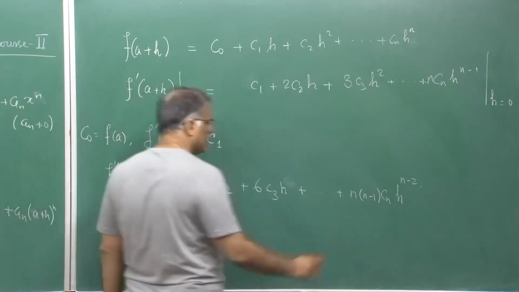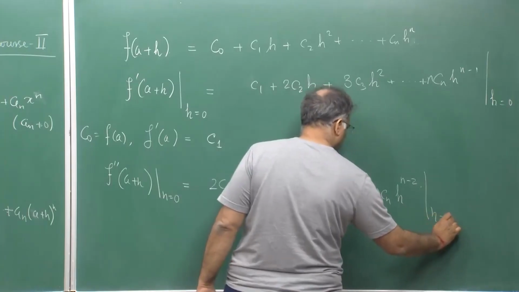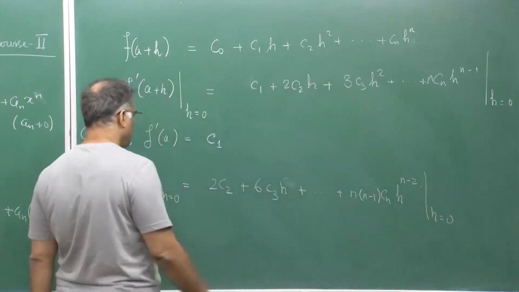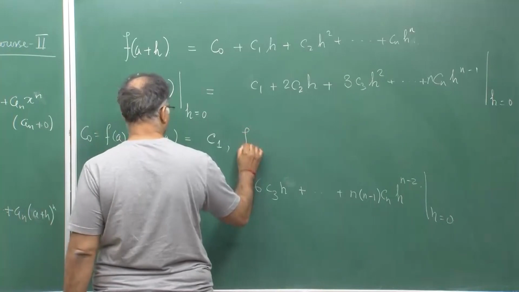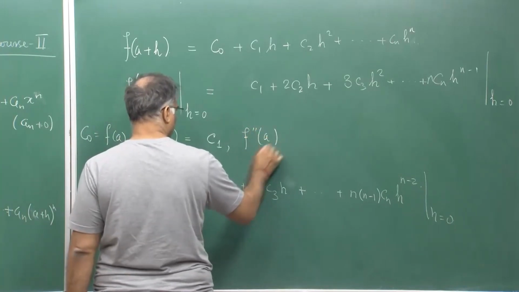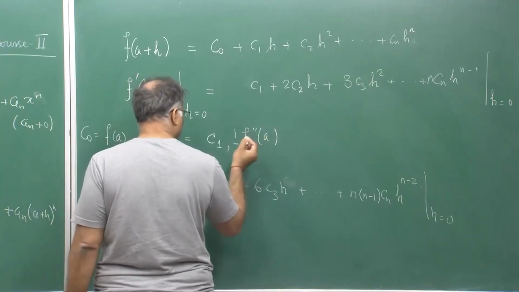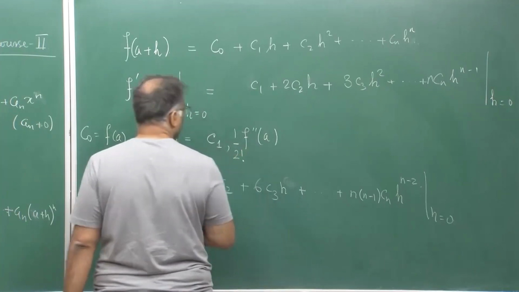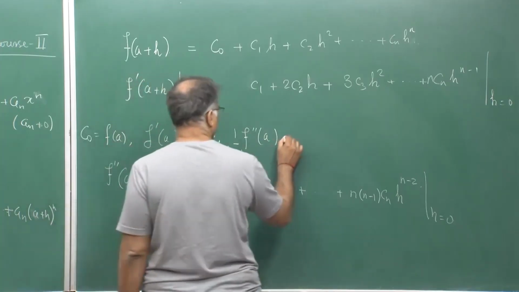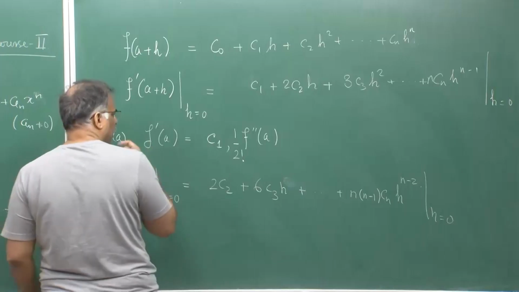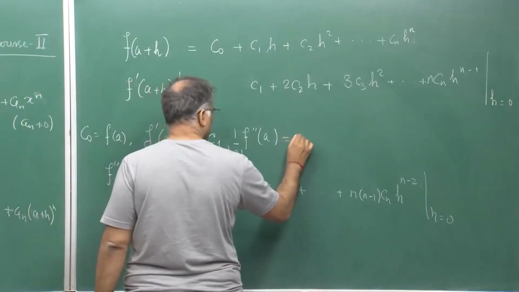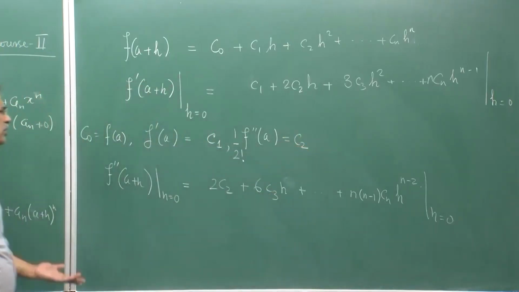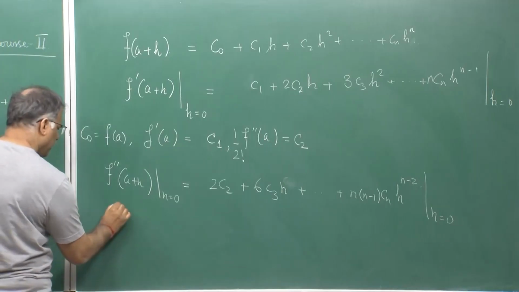Now, you calculate this at h equal to 0. Once you do that, you will immediately see that f double dash a by 2, which for some reason we will now write as factorial 2, is equal to c2. Similarly, you can try out with the third derivative.